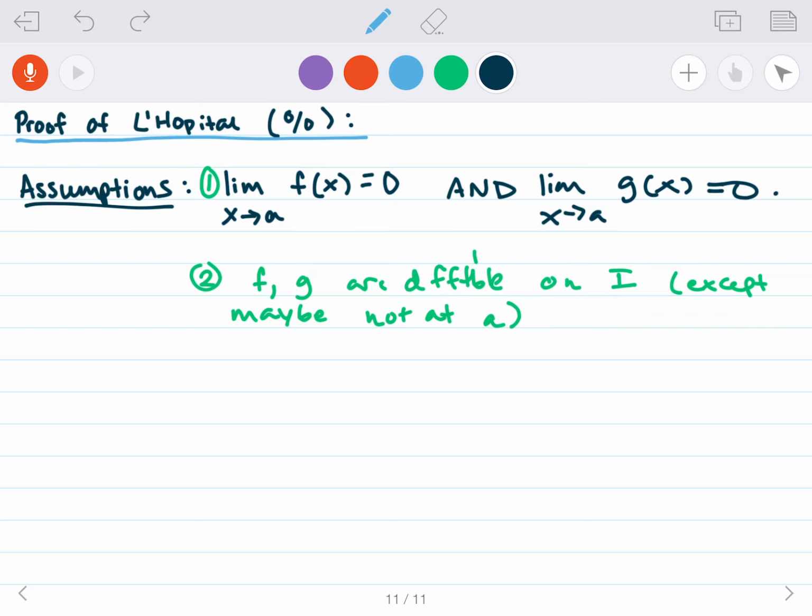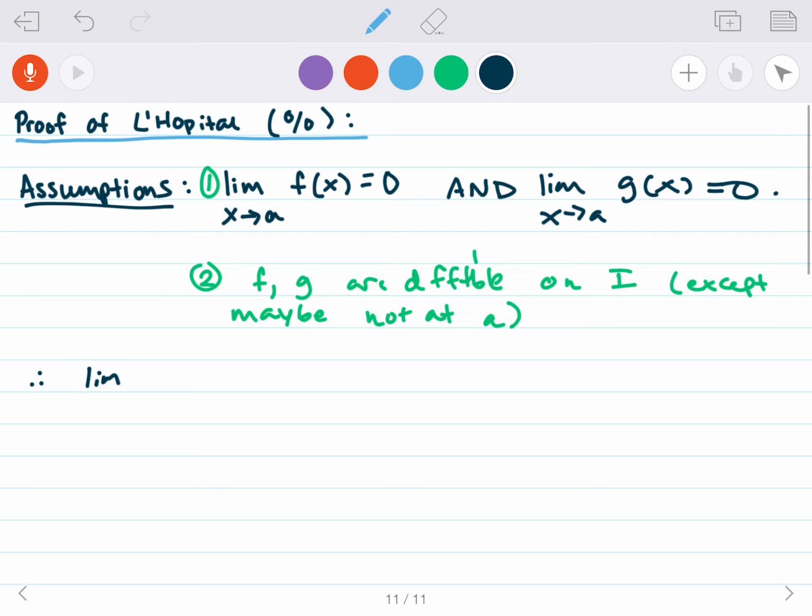Well, because f and g are differentiable on our interval, their derivatives exist, and because we are only concerned with what happens when x is approaching a and not when x is equal to a, we can say that since f and g are differentiable in this entire interval, except maybe not at a, we don't care about what happens at a with limits.